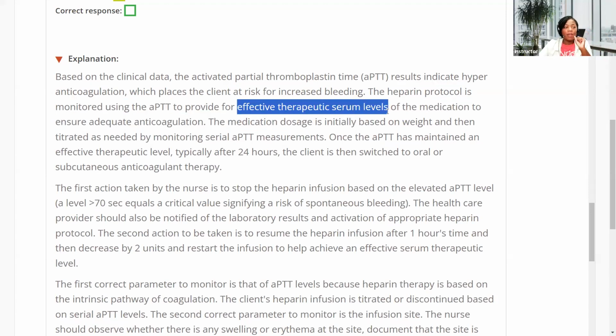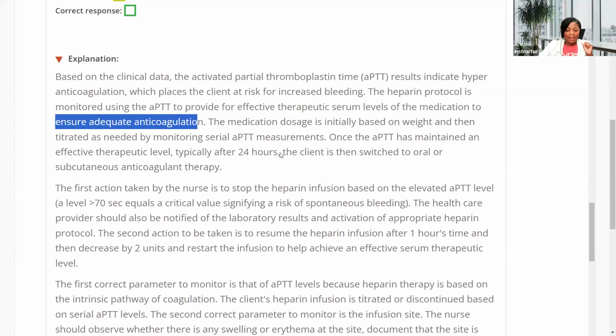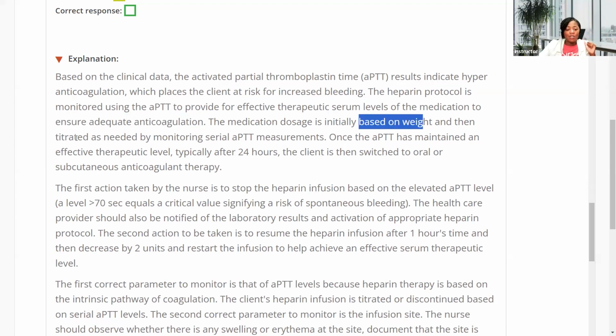Based on the level of their APTT and the serum levels of the medication that will ensure adequate anticoagulation. Again, the heparin is based on the patient's weight. It's titrated. The word titrate means to adjust. If he was getting 16 units, we may have to adjust it to 14 or 12 or whatever. There's a protocol that we would look at based on the patient's blood to see where we would have to adjust if needed.